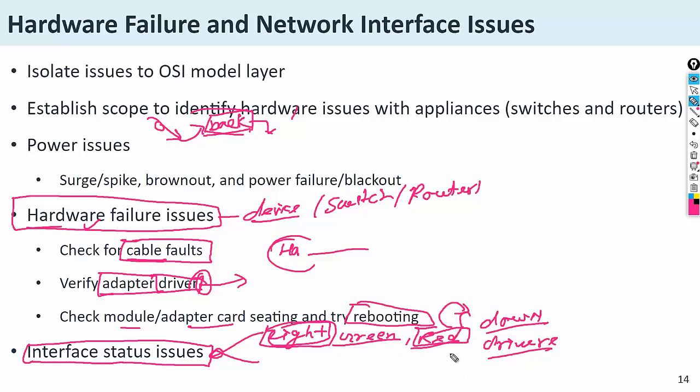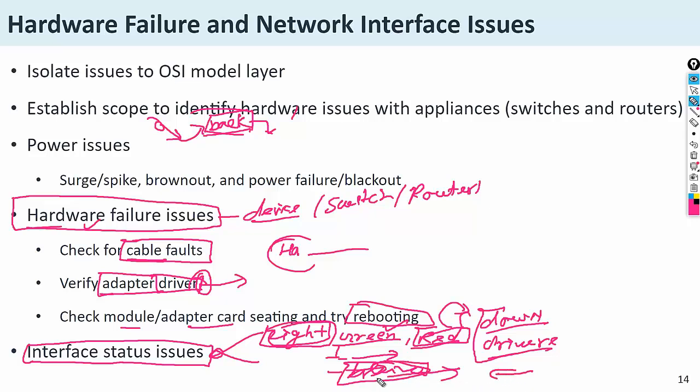If both sides are working, then the green light will blink. Green light also has two states: one is just lit and the other is blinking. When it starts blinking, it means it is working properly, sending the data, but possibly not receiving the data.